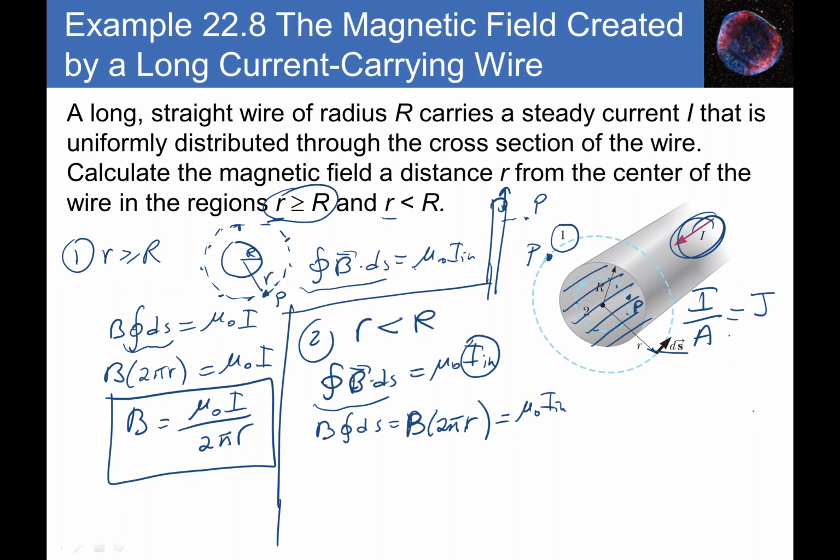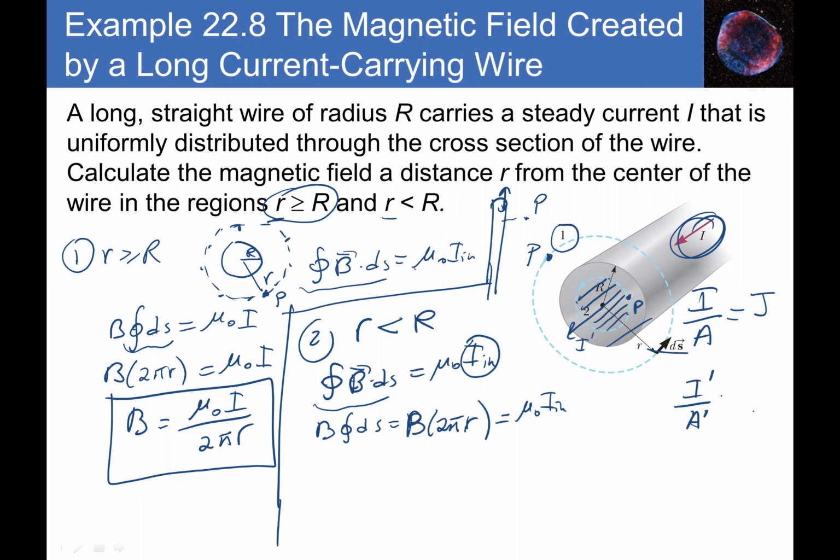Now, what I'm going to do next is consider my Amperian loop 2. If I take the current through that, I'm going to use a prime for that. So here's I prime, divided by the area of my loop 2, A prime.